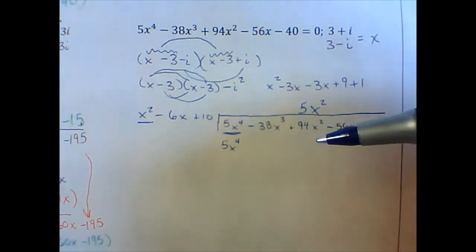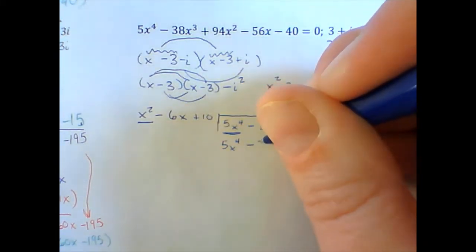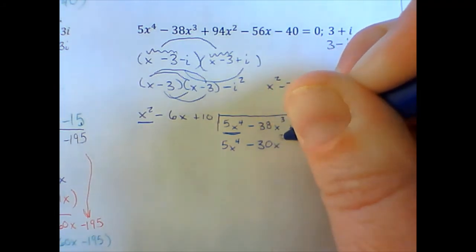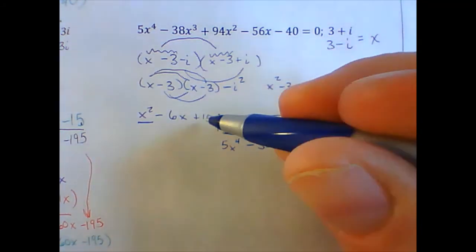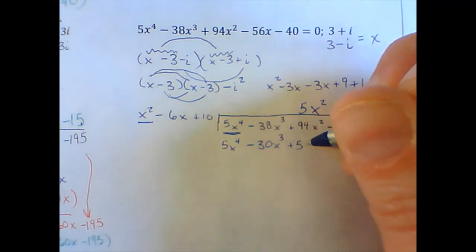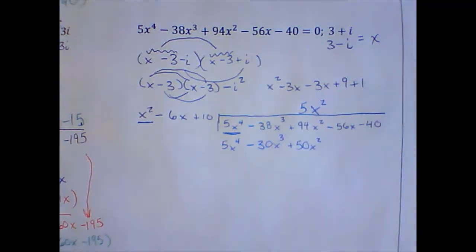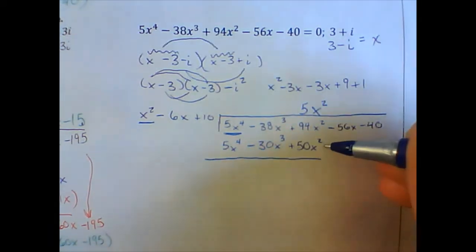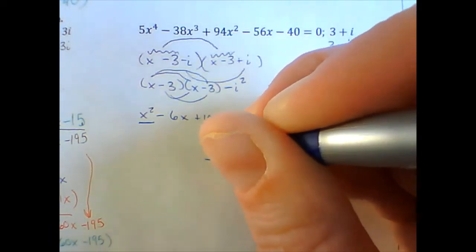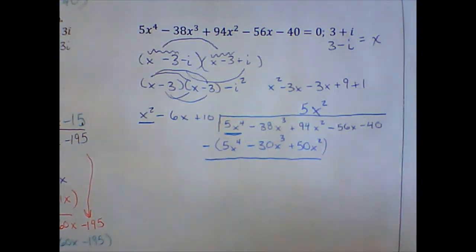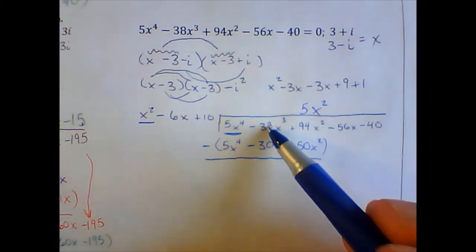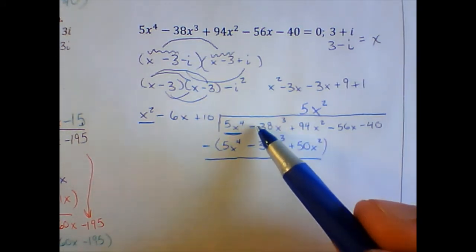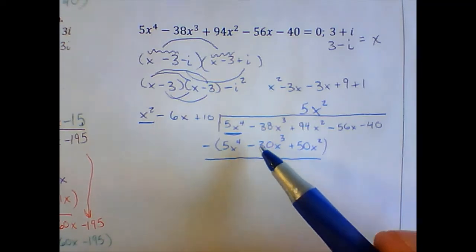Watch for negatives, okay? Be very careful with the negatives in this. And then 5x squared times 10 is usually 50x squared. If it's not, then the universe is doing something strange. All right, we're going to subtract off the entire group, and because we've got negatives throughout, that's going to be a little stranger than the last one. So we have a negative 38, but that 30 is positive.